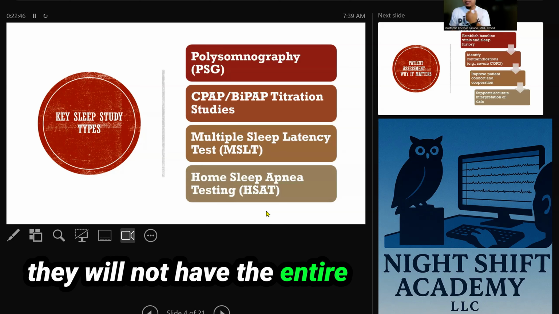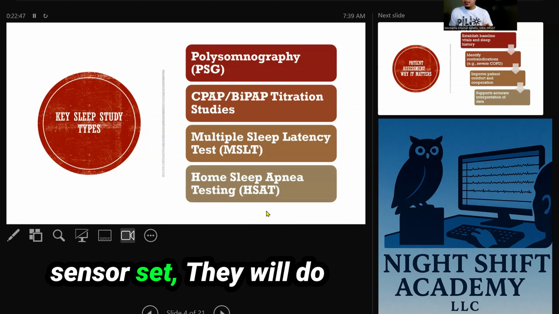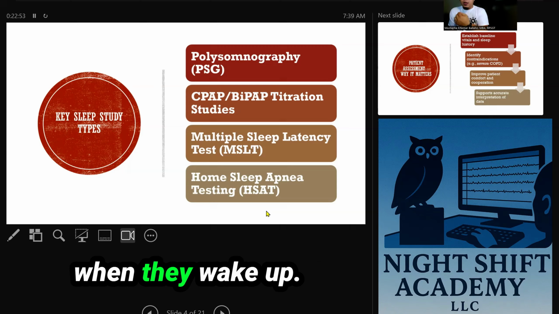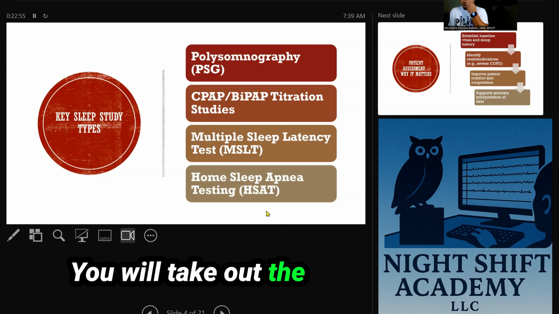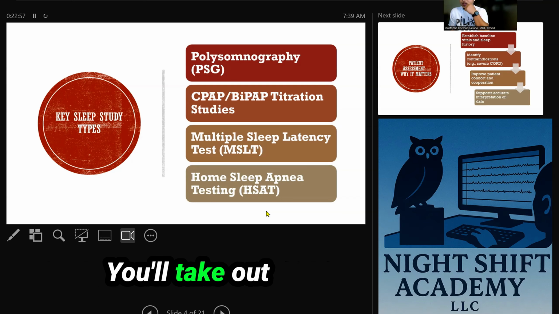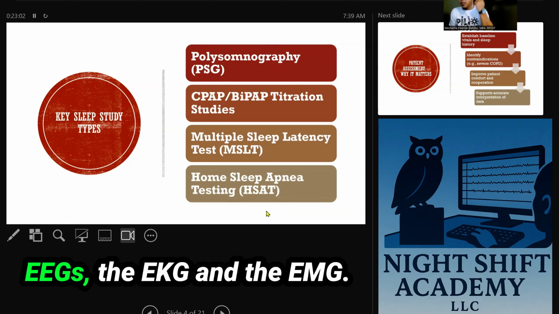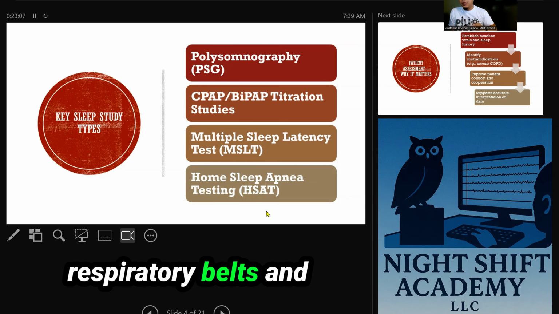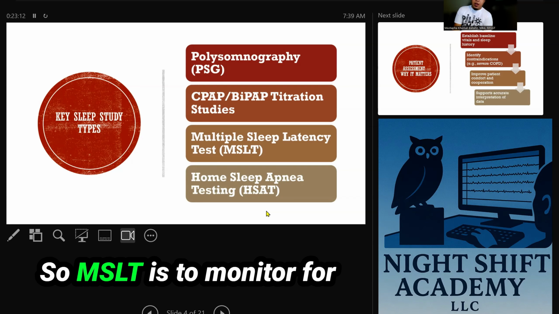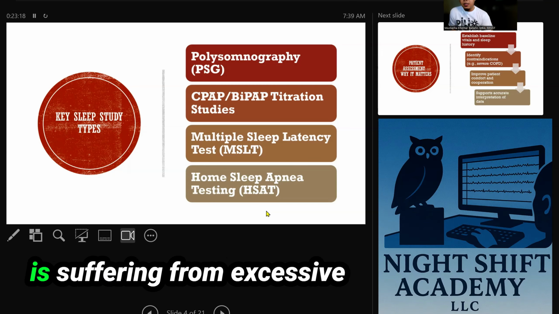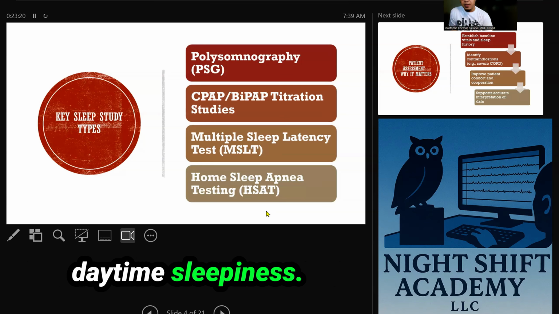They will usually do an overnight study, and then in the morning when they wake up, you will take out the other parts of the sensors. You'll take out the flow channel, they don't need it. You'll just maintain the EEGs, the EKG, and the EMG. You'll take out all the respiratory belts and the leg electrodes. So MSLT is to monitor for narcolepsy, to diagnose narcolepsy, or if the patient is suffering from excessive daytime sleepiness.